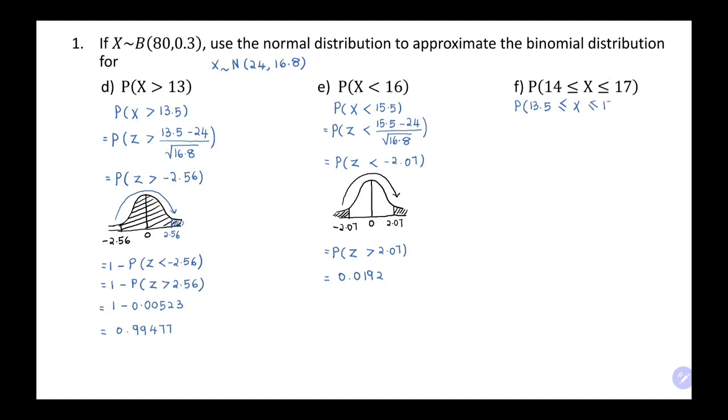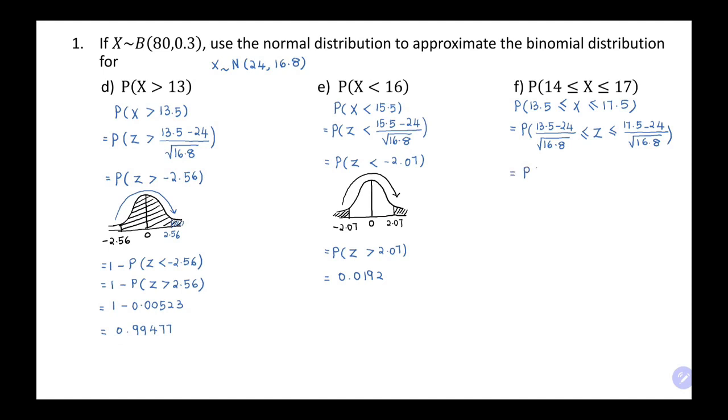So it becomes 17.5. Okay, next we convert to Z. 13.5 minus 24 divided by square root of 16.8. 17.5 minus 24 divided by square root of 16.8.